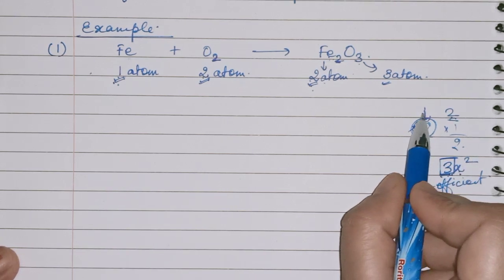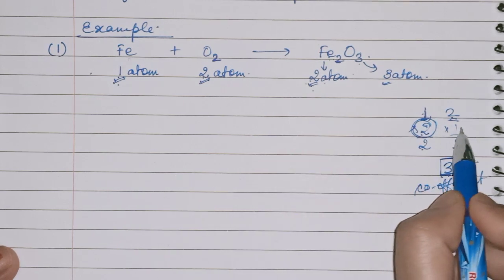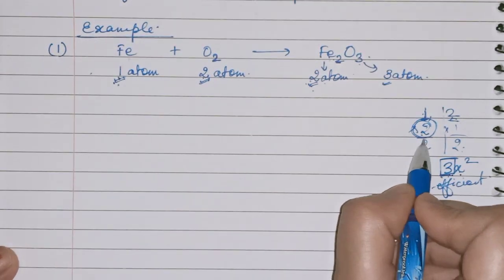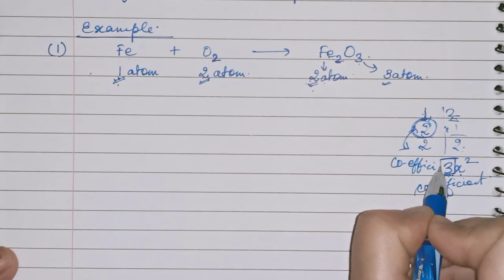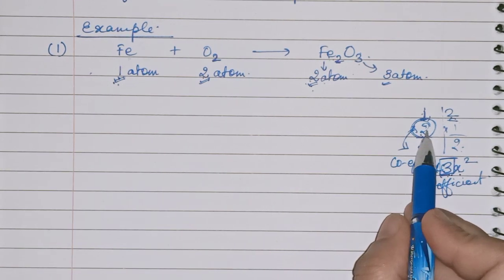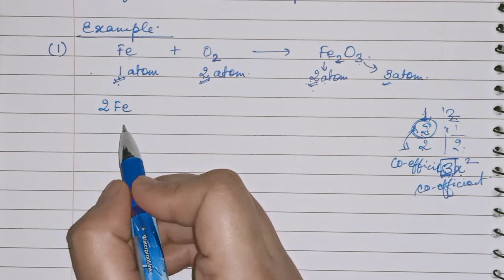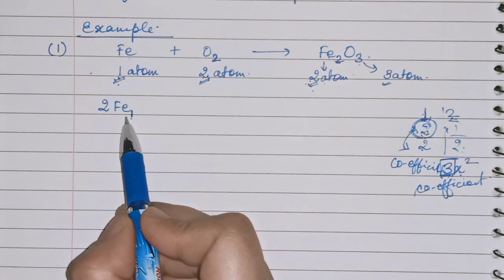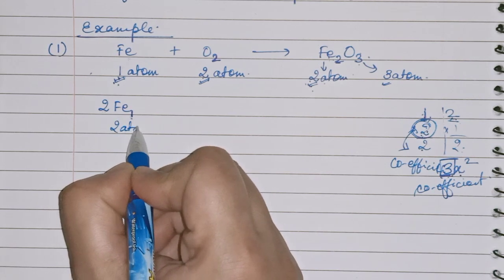So if you are multiplying 1 by 2, it will be equal to 2, and on this side also 2 into 1 is 2. So this 2 will be the coefficient. Where will you put this 2? You will put it like 2Fe. So 2Fe means 2 into 1, now it is 2 atoms.